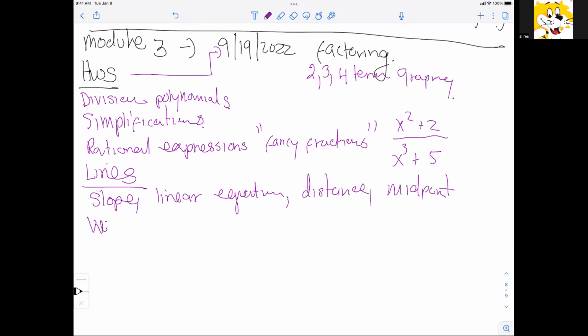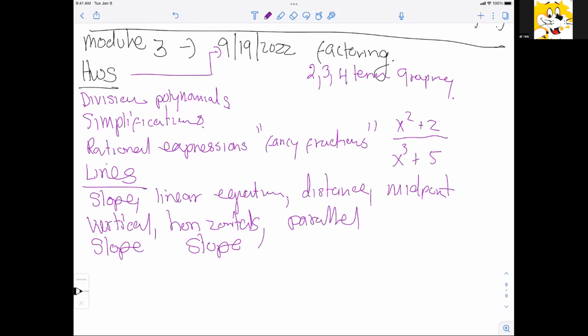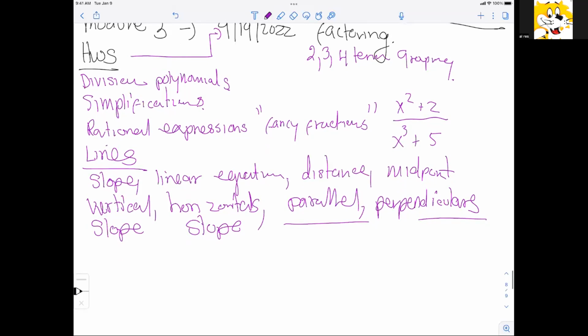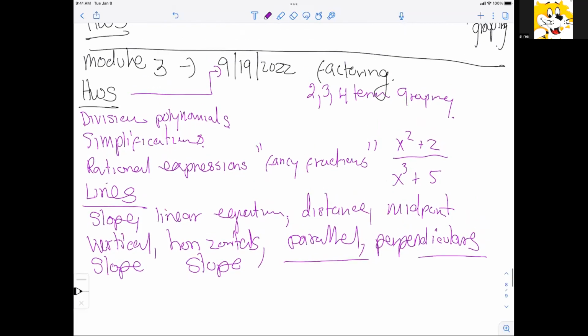We did the difference between a vertical and a horizontal line. Then we did what the slope is of each. And you should all know what this is: parallel and perpendicular, what the difference is between them. And the cool thing is there's videos to back this up. That's module 3.